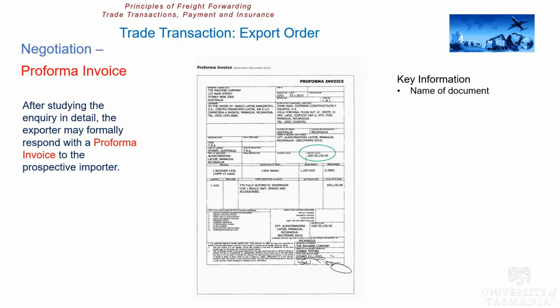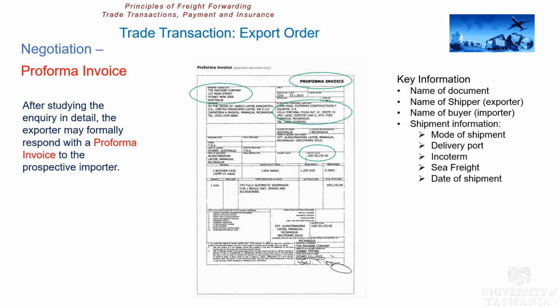So it's going to include key information such as the name of the document, the name of the shipper, the buyer, the shipment information mode, and you'll notice here that this is preliminary to finalising an export order.